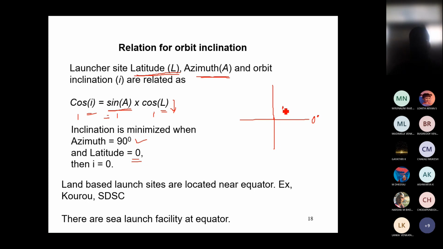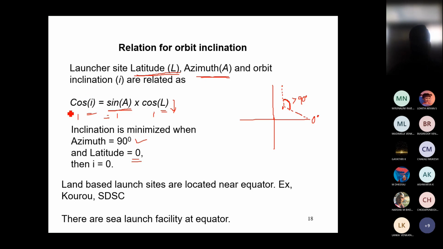Okay, so Sriharikota is located from this point. Now you see, if you have a line joining this, this angle is not 90 degree. This angle is greater than 90 degree. So what happens then? So this will increase. Okay, so this factor will balance this equation, that is cos of inclination angle.